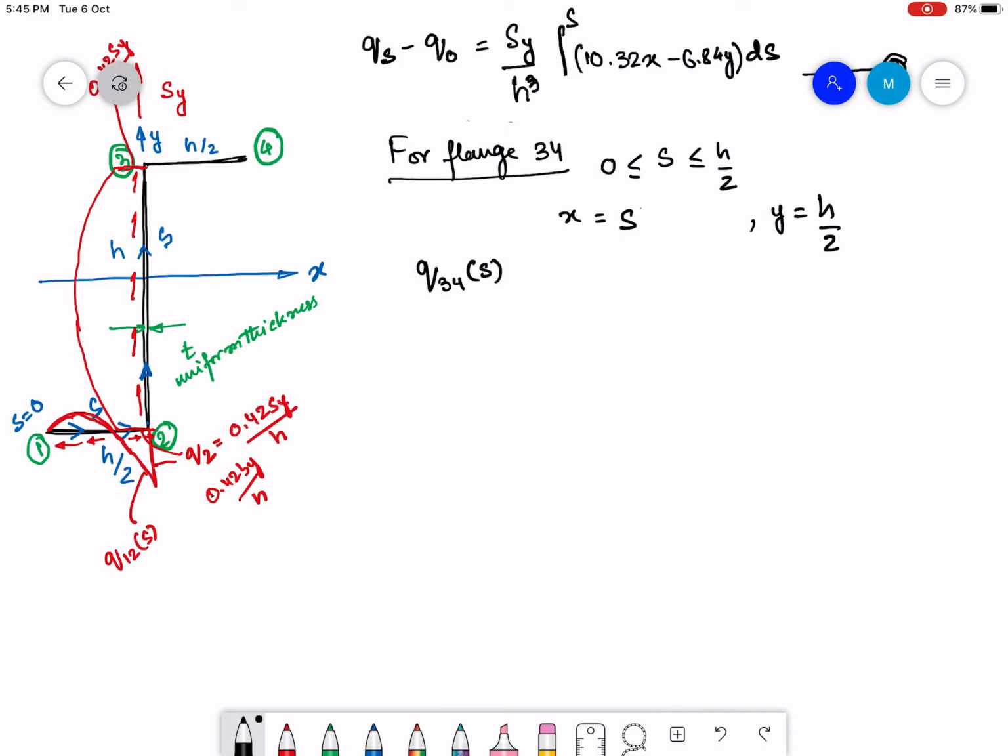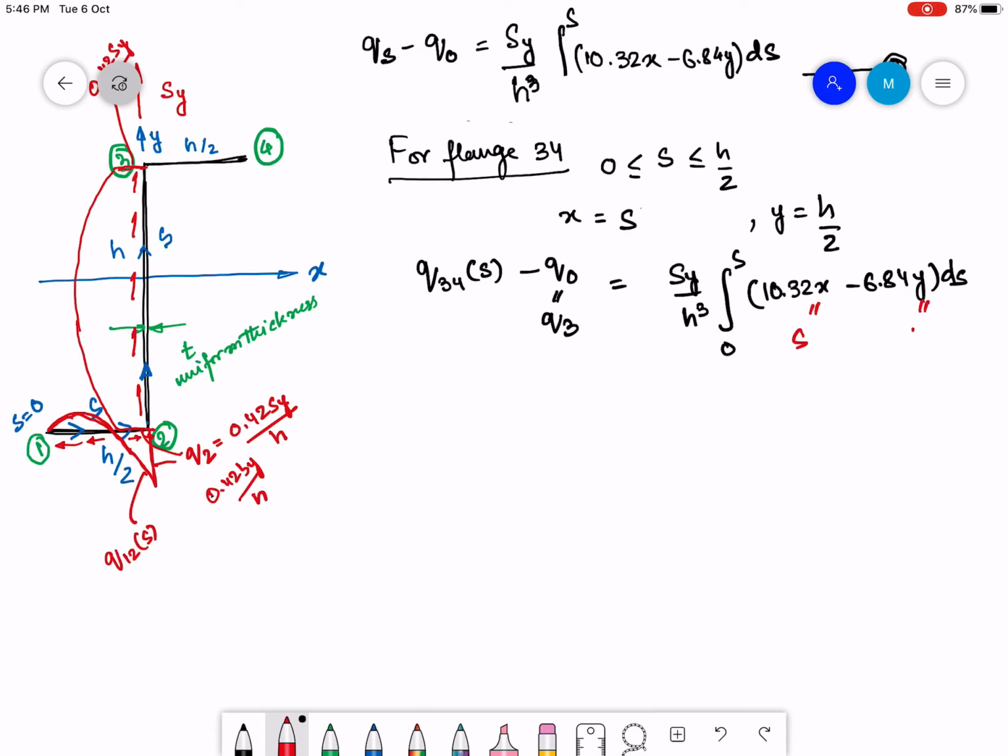So you can say Q34(S) minus Q0, where Q0 is Q3, is going to be Sy by H cube, integral 0 to S, of 10.32 x minus 6.84 y into ds, where x is S and y is H by 2.